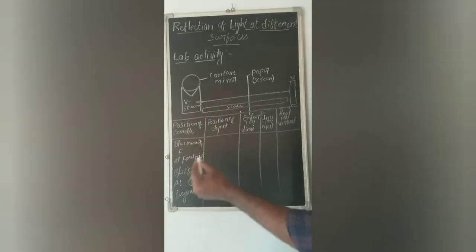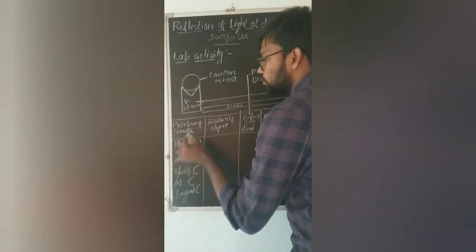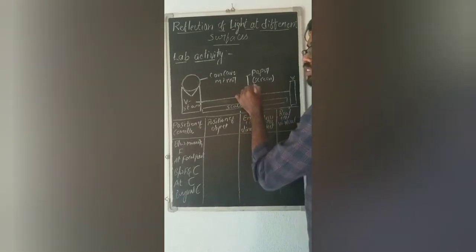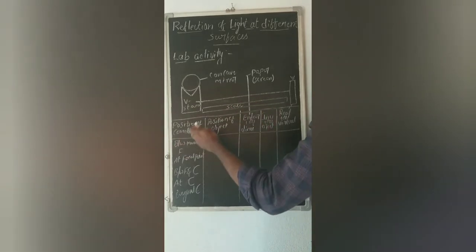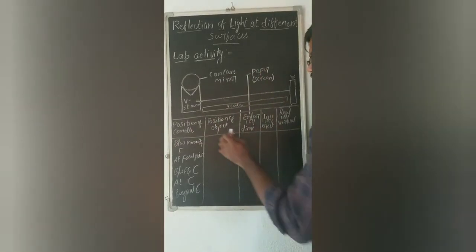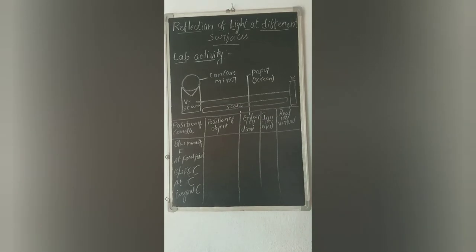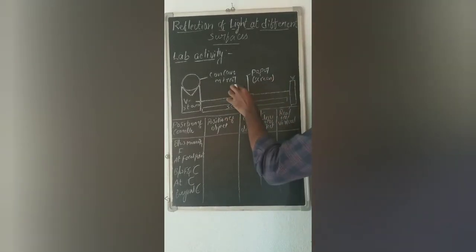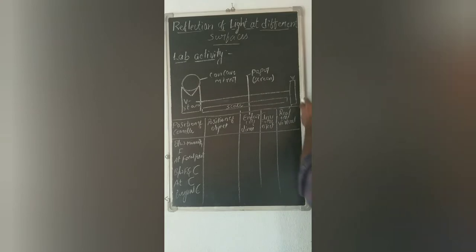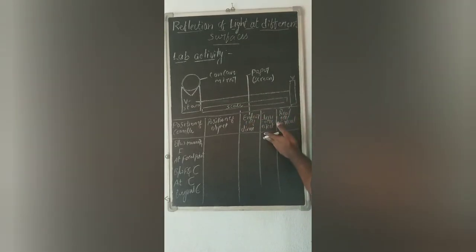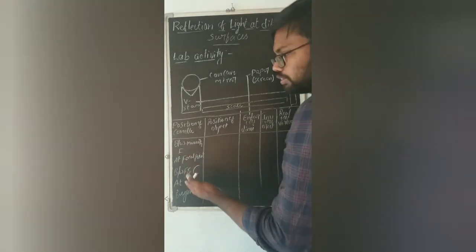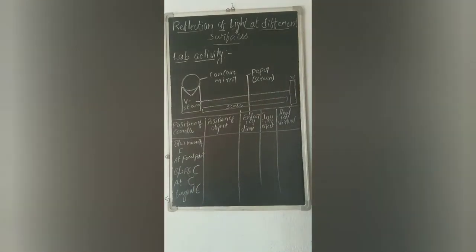Okay, if between mirror and focal point, which means if the candle is between mirror and focal point, if it is here, then what is the position of the object, and enlarged or diminished, inverted or erect, and real or virtual. Like that we need to find the focal point, between F and C, at C, behind C. All this by using this lab activity we will find out.